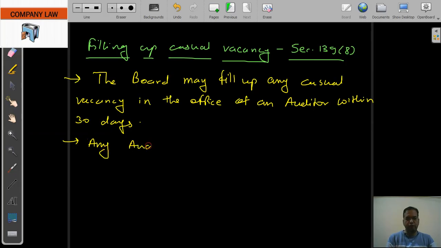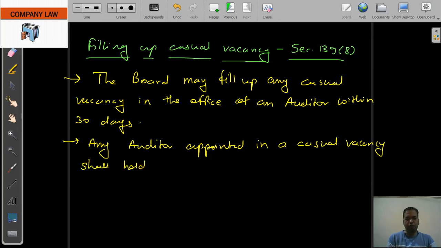Any auditor appointed in a casual vacancy shall hold office until the conclusion of the next AGM.